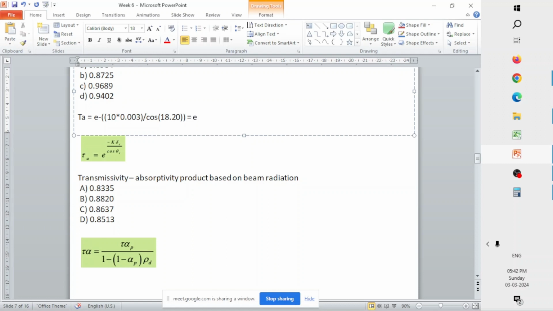So let me just write it here, e to the power minus 0.031579, which is equal to 0.9869. That is option C.